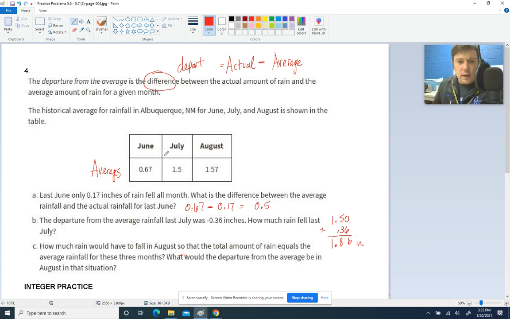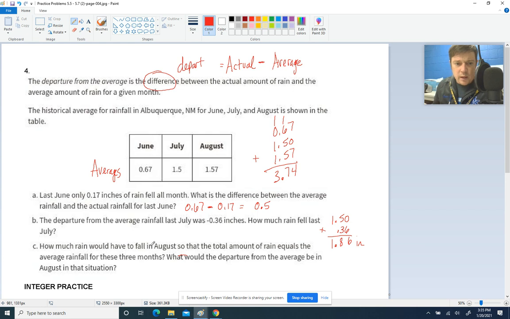Okay, so if we add up all of the averages, 0.67, 1.5, 1.57, we would get this number, 3.74. So this would be the total for all the 3 months, right? So that's the total amount of rain for those 3 months.